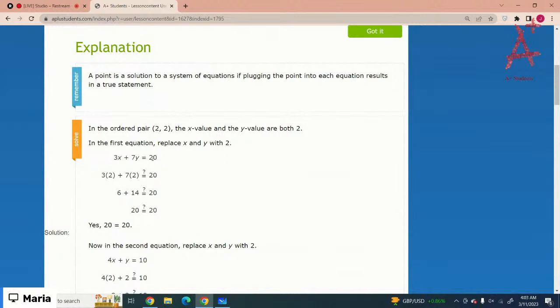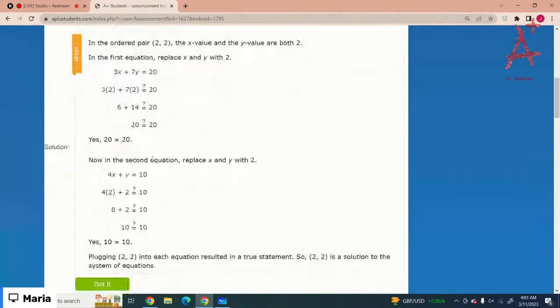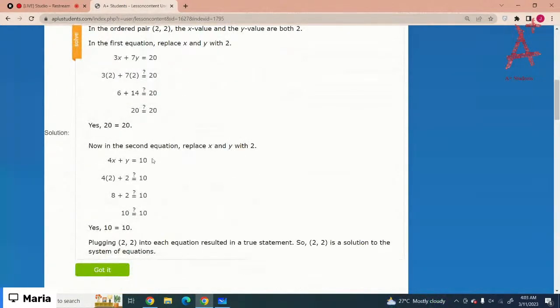Both sides of the equation are the same, so this one is true. Let's check the other equation: 4x plus y equals 10. Replace x and y with 2 and 2. So the equation gives 10 equals 10. Both equations are true. That means the point (2, 2) is the solution of the system of equations. Let's start with the examples on the board.